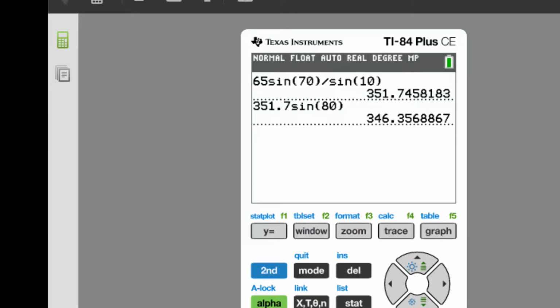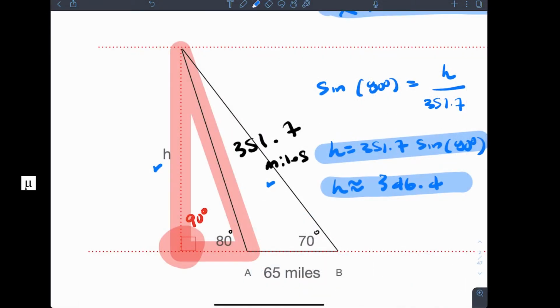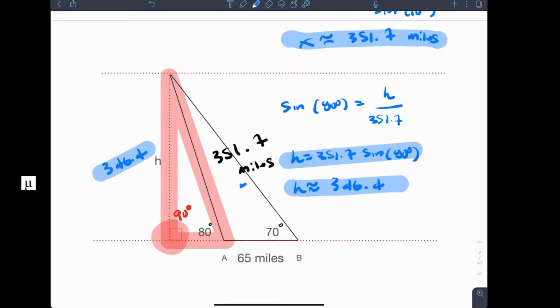What is that altitude? What is h? 346.4. And there you go.